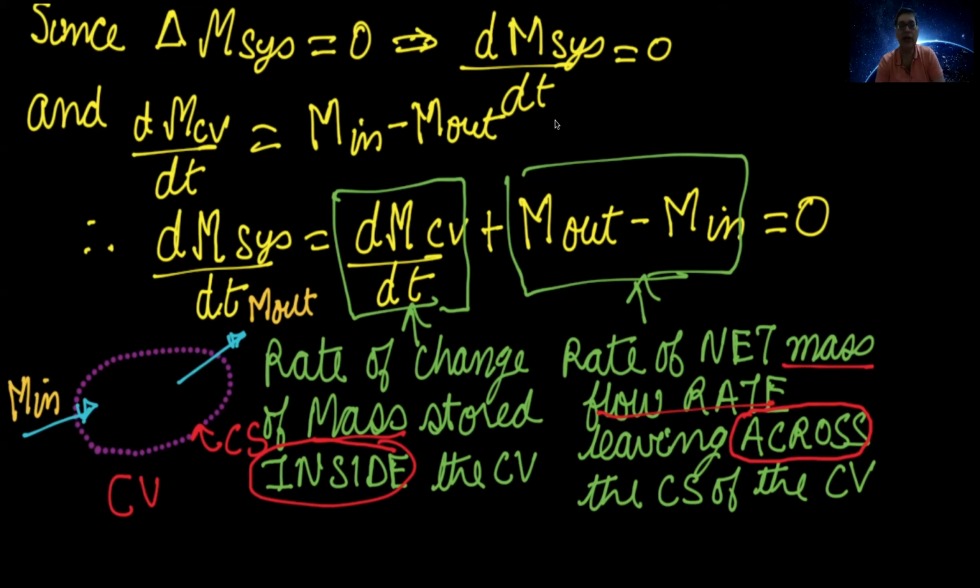Then we divided by delta t and took the limit delta t tends to 0, and finally got the relationship between the rate of change of mass for a system and the rate of change of mass for a control volume.